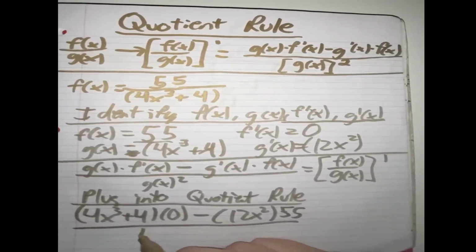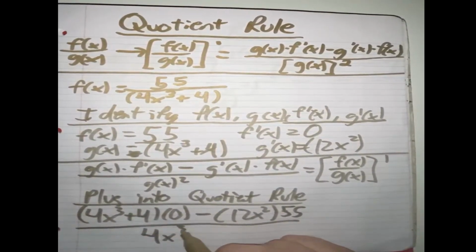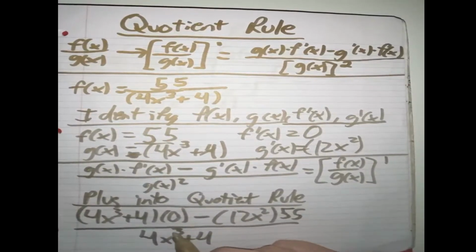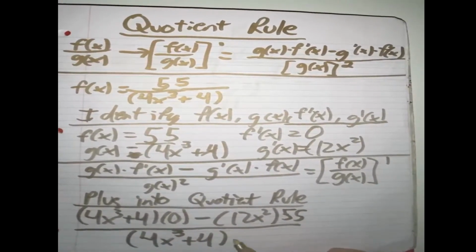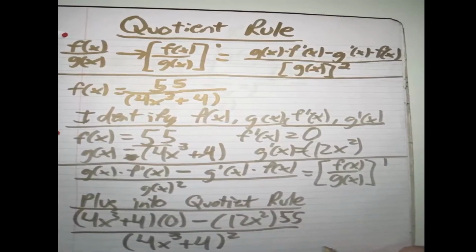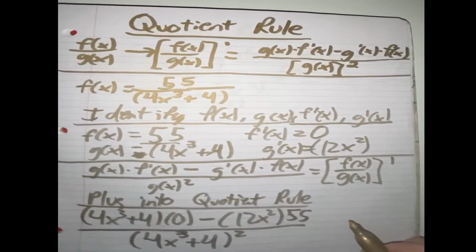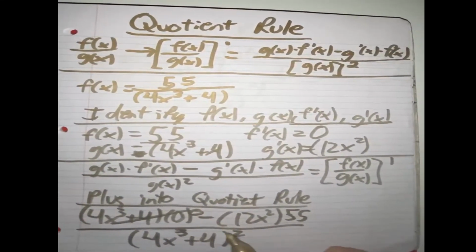And our g of x squared is 4x cubed plus 4, squared. And if you want to simplify this, the first term zeroes out.